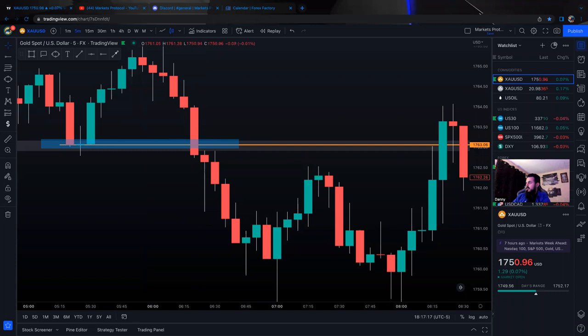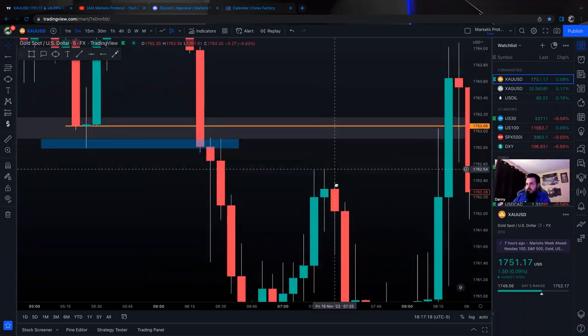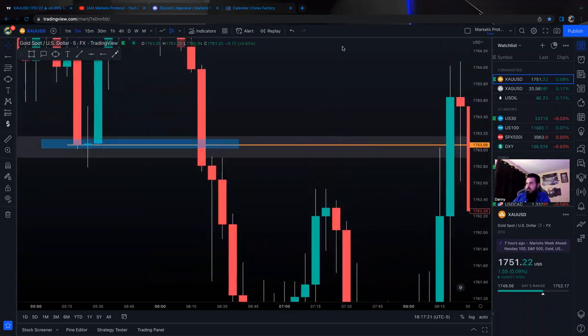Perfect. Let's zoom in a little bit more. Right here, a closure below support on this big momentum candle. The next candle breaks the low of the previous, significantly dropping towards the downside. But at the time of that 5-minute closure, we actually closed below the range of the previous candle. Perfect.